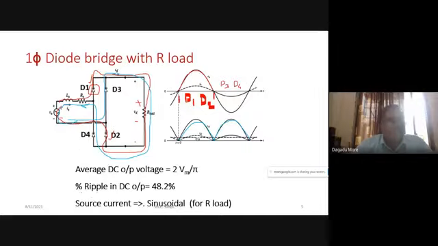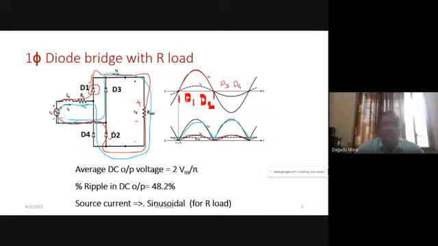So our IDC current will be similar to VDC. And if you see it here on the AC side, the same current will flow.